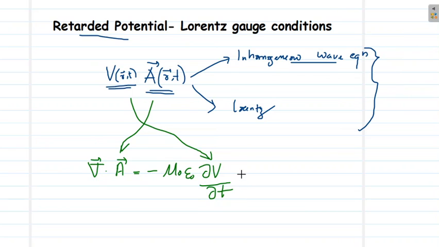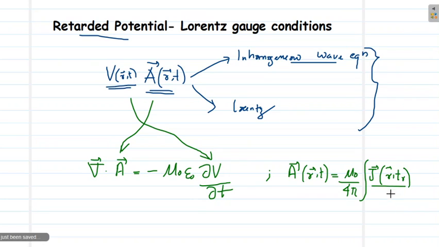So first of all, what is the equation for vector potential? It is vector A of r bar comma t is equal to mu 0 by 4 pi into integral j bar of r bar dash comma t_r divided by curly r into d tau dash.